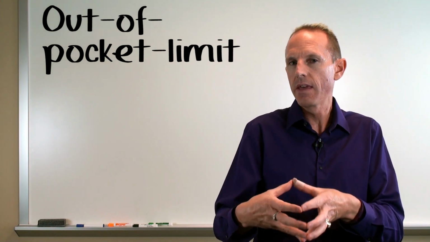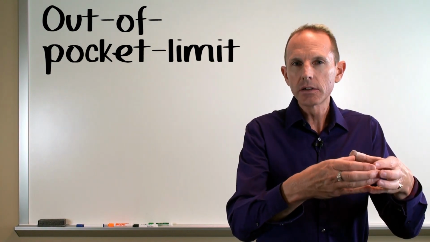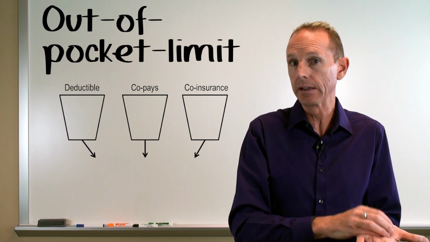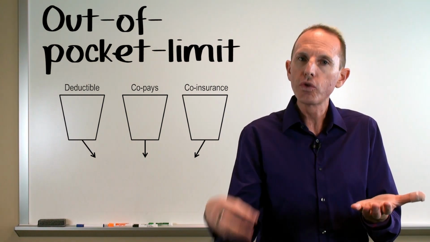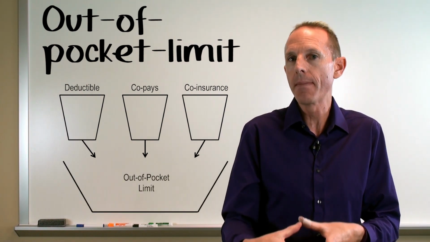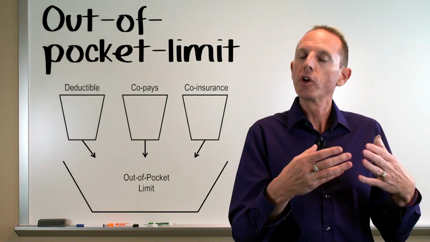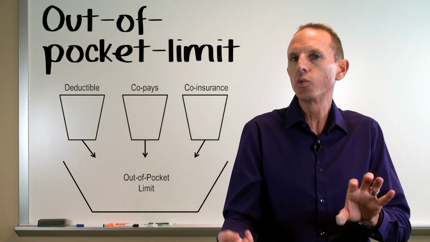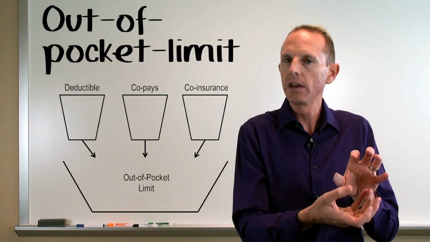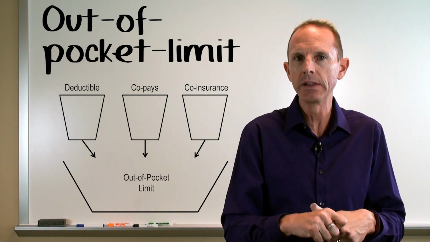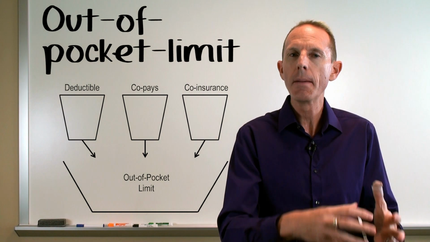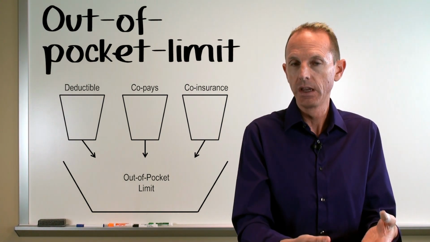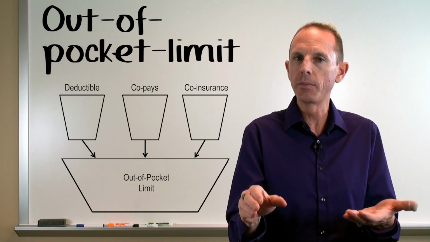The way that you get at that is the deductibles and the co-pays and the coinsurance, they're all individual buckets, and they all flow into your out-of-pocket maximum. So co-pays will never go into deductibles, deductibles will never go into a coinsurance, and coinsurance will never go into co-payments. They're all individual, but they all flow into your out-of-pocket limit, and you will never exceed that dollar amount.